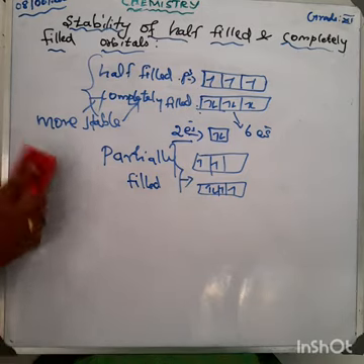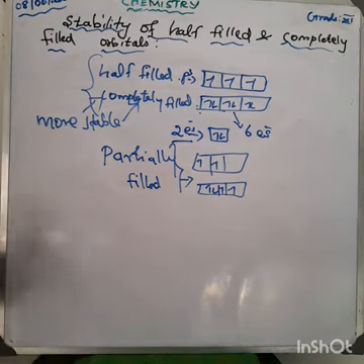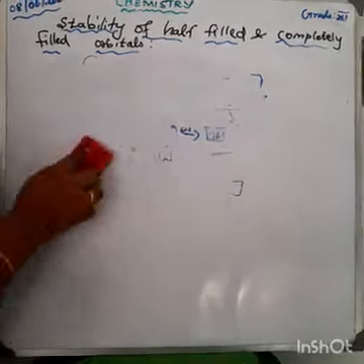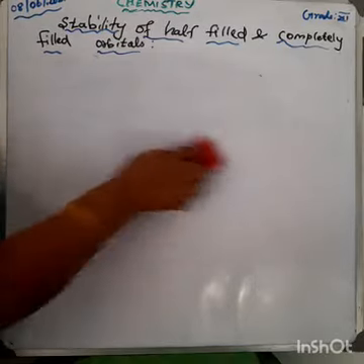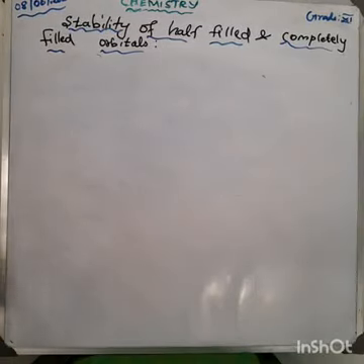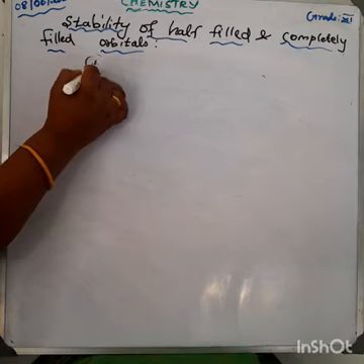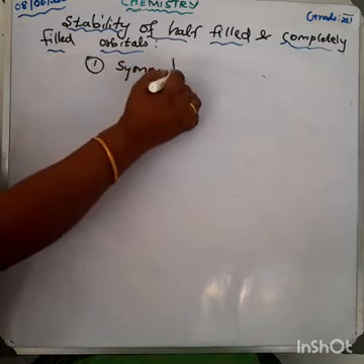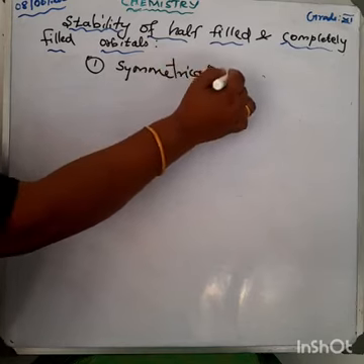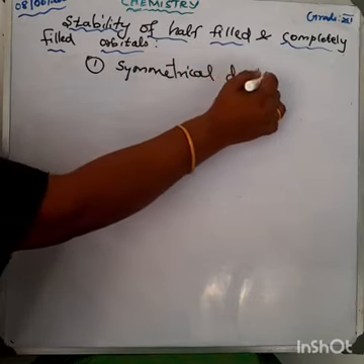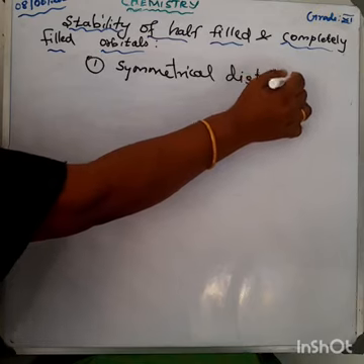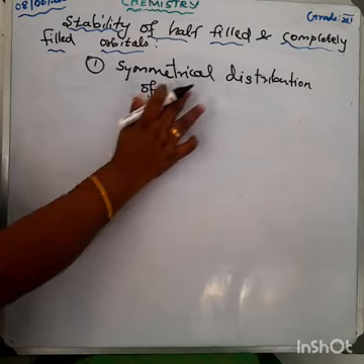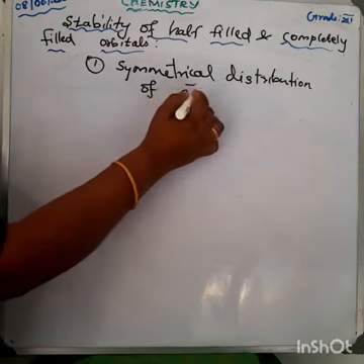What is the reason for the stability of half-filled or completely filled orbitals? There are 2 reasons. First, symmetrical distribution of electrons.